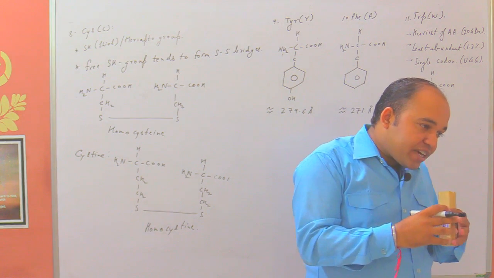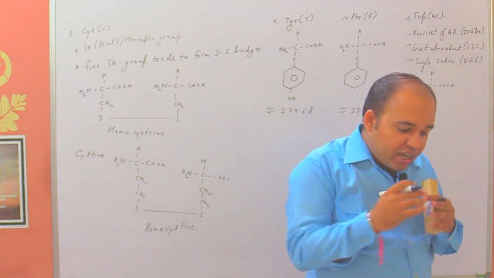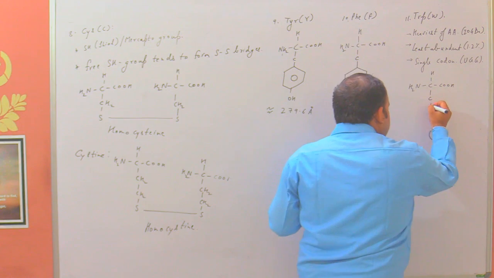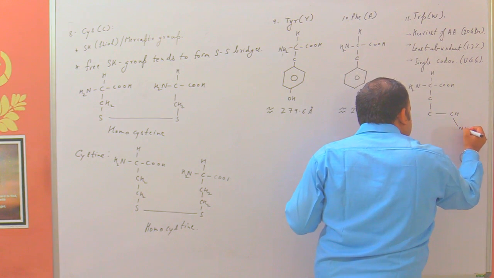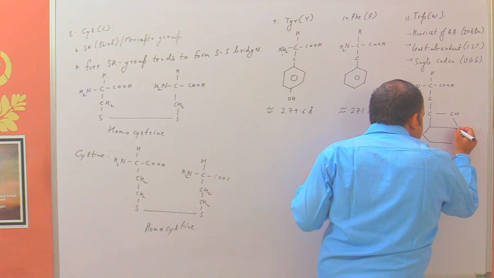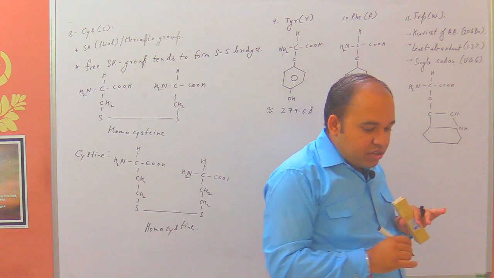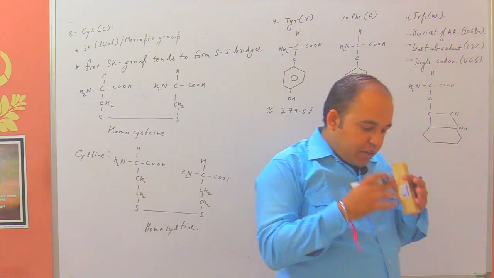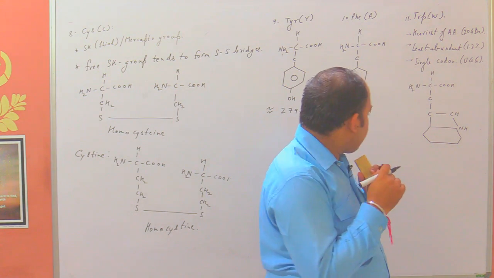They can be effectively remembered by using a trick, CCHNH, and then making a ring-shaped structure. You would get two different rings combined together in the structure of tryptophan.